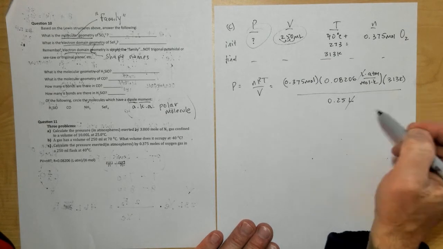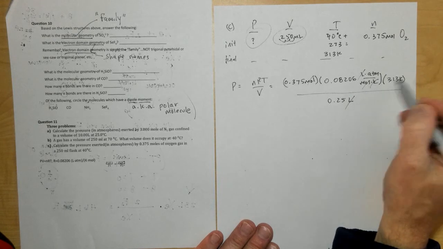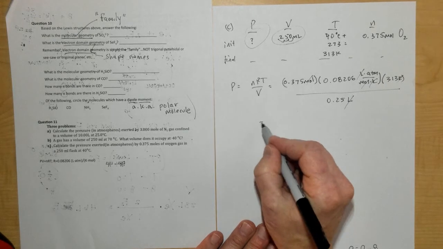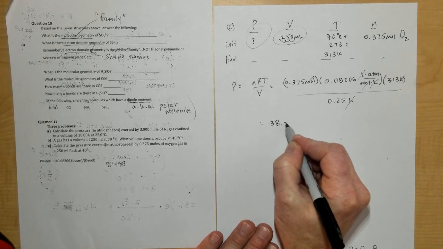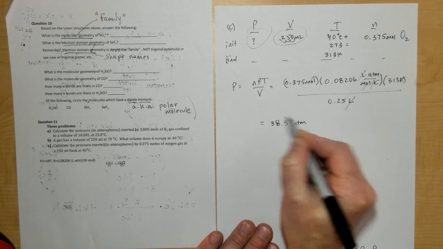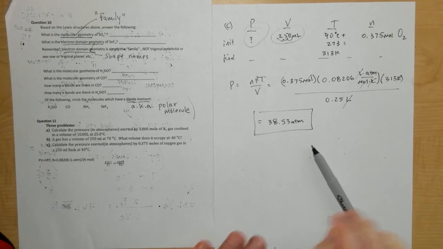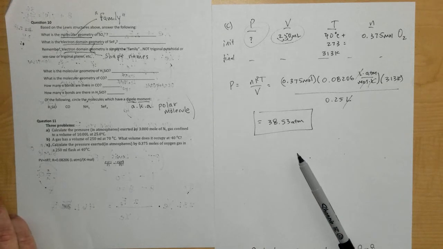The liters cancel with the liters, the moles with the moles, the Kelvin with the Kelvin. We end up with our answer in atmospheres, and that ends up being 38.53 atm. That is number 11.